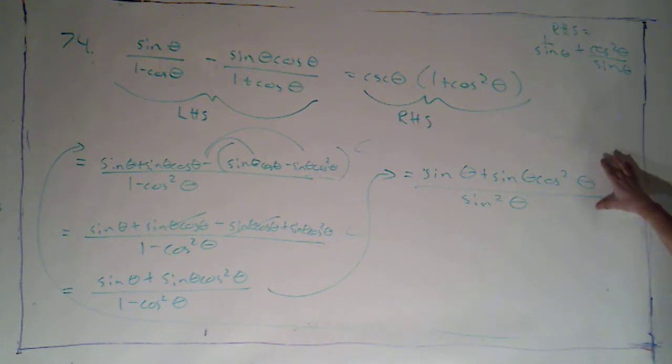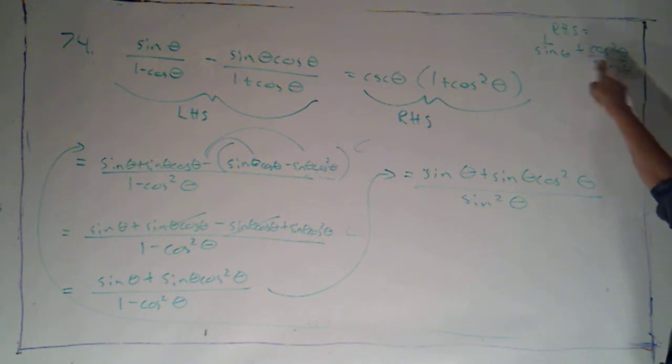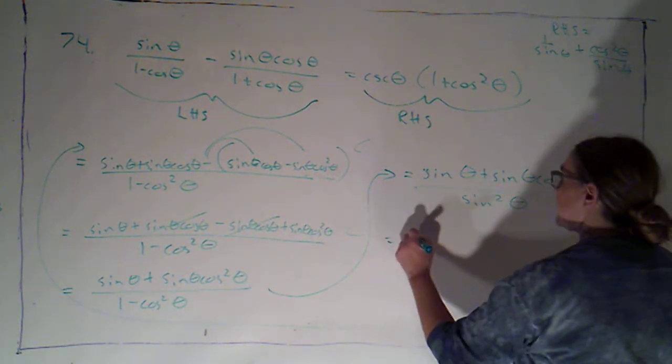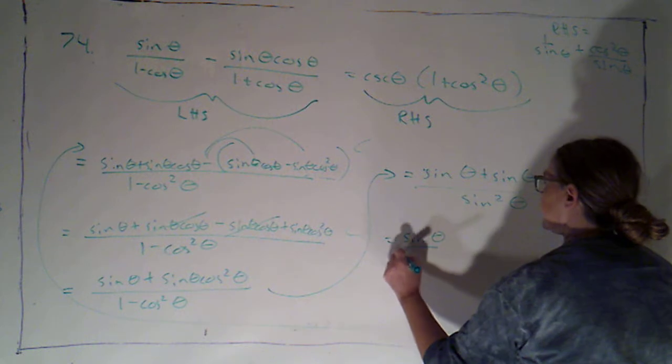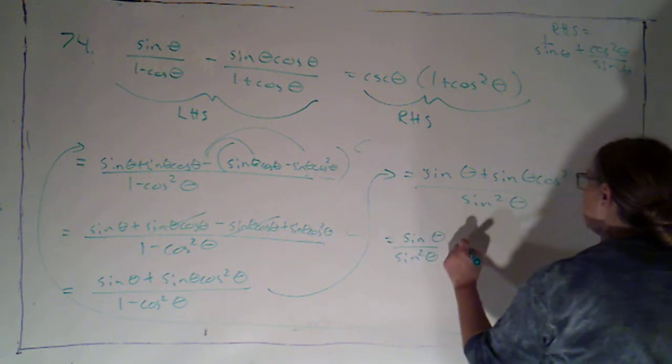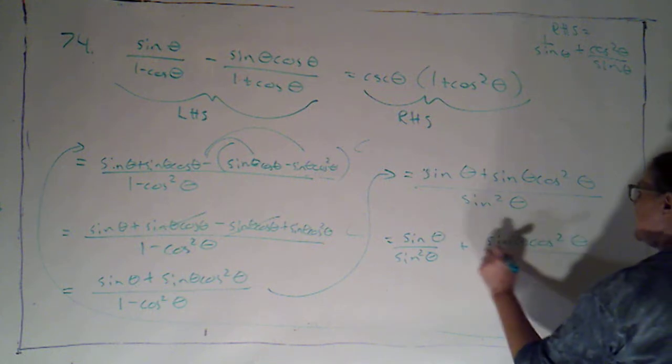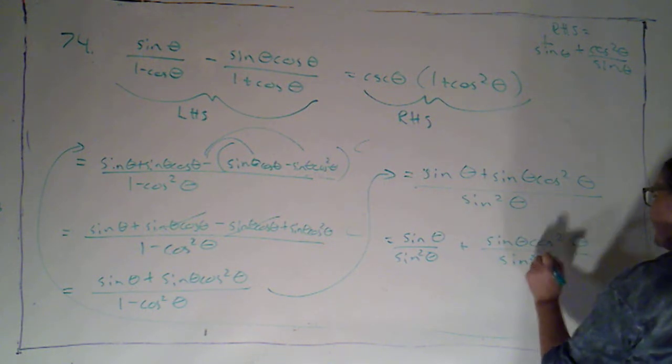And so here I've got a single fraction. My goal, I'm trying to make it look like the right-hand side, which is 2 fractions. So let's just distribute this division. So I'm going to have sine theta over sine squared theta plus sine theta cosine squared theta over sine squared theta.